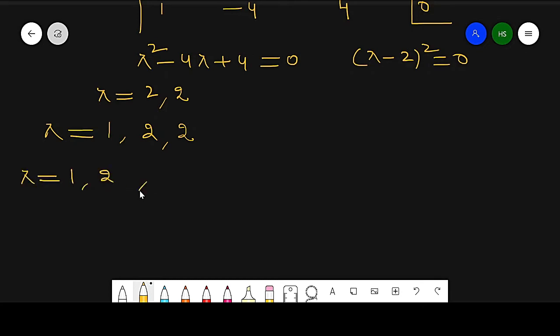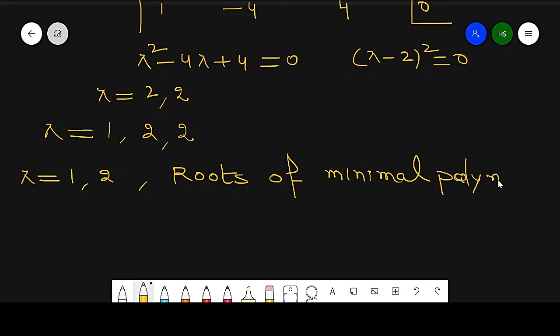So these are the roots of the minimal polynomial of A.